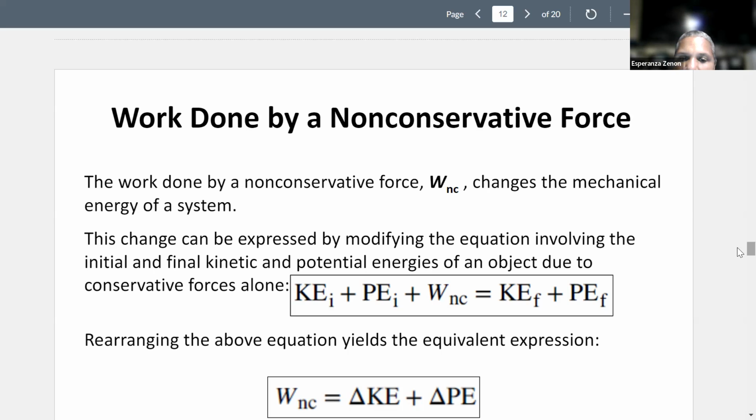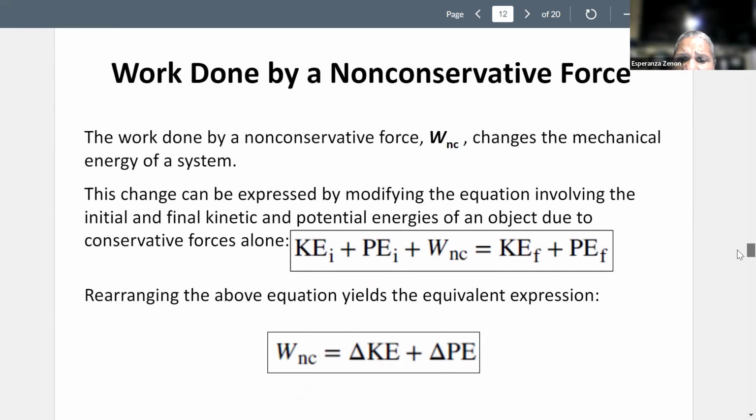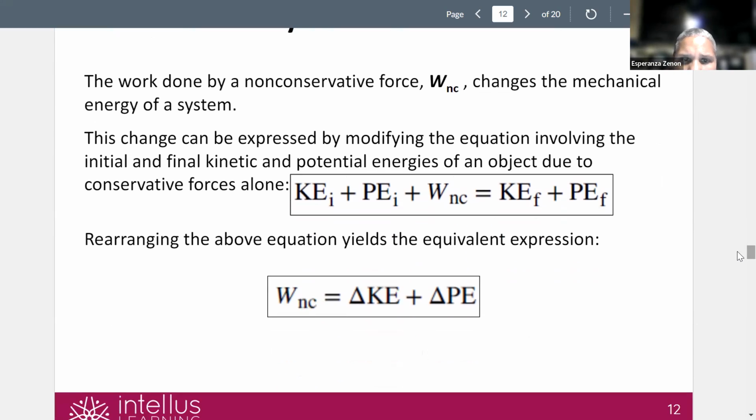So we add up the kinetic energy that we start with, the potential energy that we start with, plus the work done by our non-conservative force like friction. And then we look at the total kinetic energy and potential energy afterwards, okay?